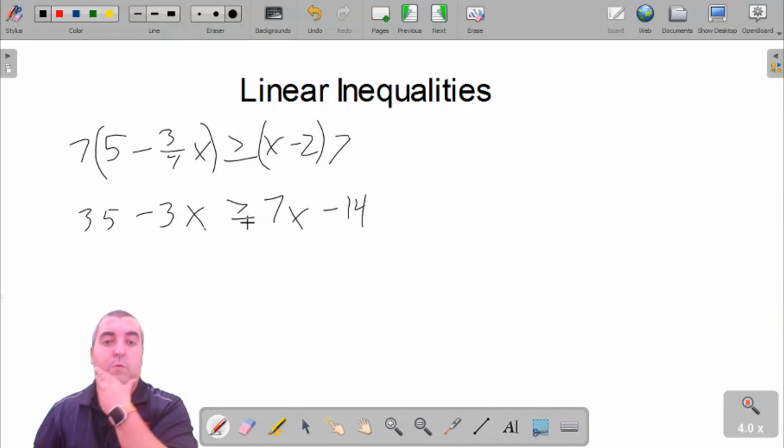Now, when we're solving these, just like equations, you can move stuff from one side to the other. Doesn't really matter which way you go about it. I personally like to always have the variable I'm solving for on the left side, but it's up to you. So here, I'm going to subtract 7x from both sides.